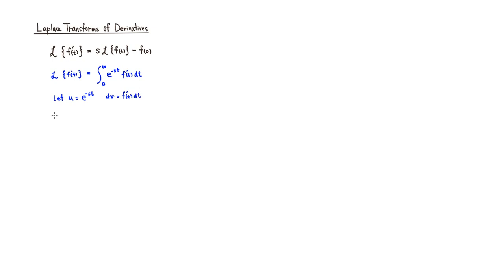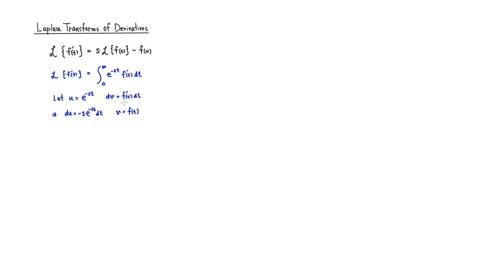Then by taking a derivative, we know that du is going to be negative s e to the negative st dt, and from there v is going to be f of t.